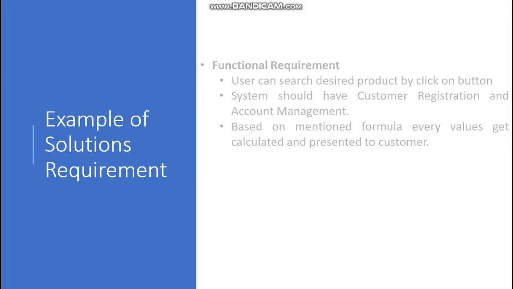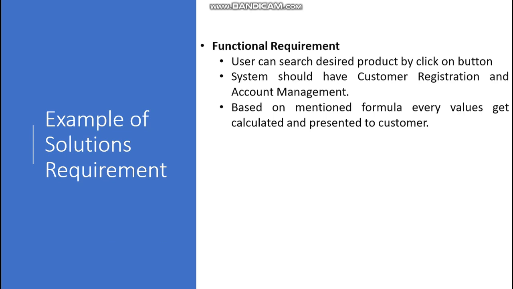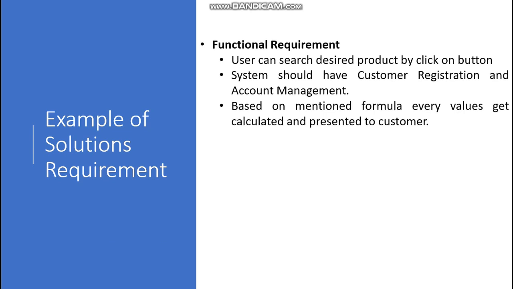Examples of solution requirement: functional requirement and non-functional requirement. Functional requirement is all about capability, where interaction with the system or activity of users is involved. The user can search the desired product by clicking on a button. Clicking on a button is an activity performed by the user, so it is a functional requirement.